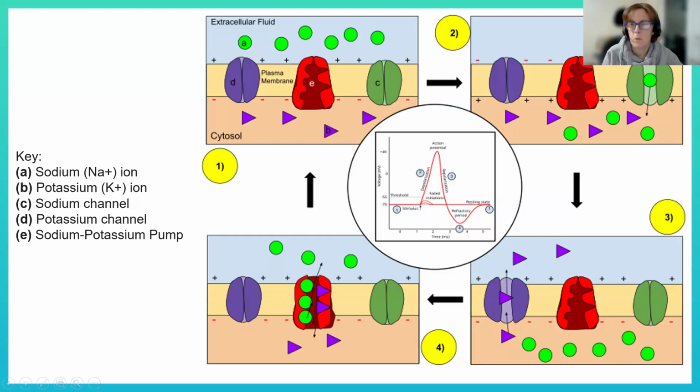We're taking these positively charged sodium ions into the cell across this cell membrane. And you can see the inside of the cell becomes positive because we've got all these positive potassiums, which were there anyway, but now we've got all these positive sodiums as well. So the outside becomes negative compared to all of these positively charged ions that are inside the cell.